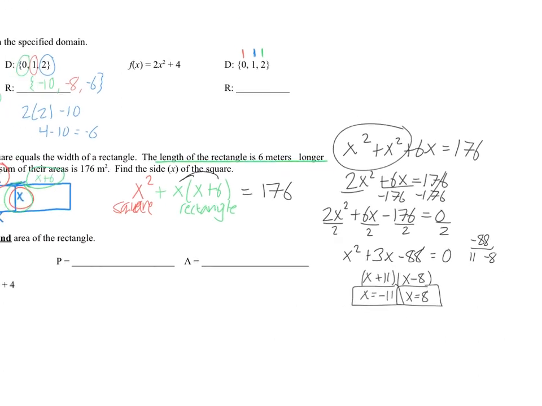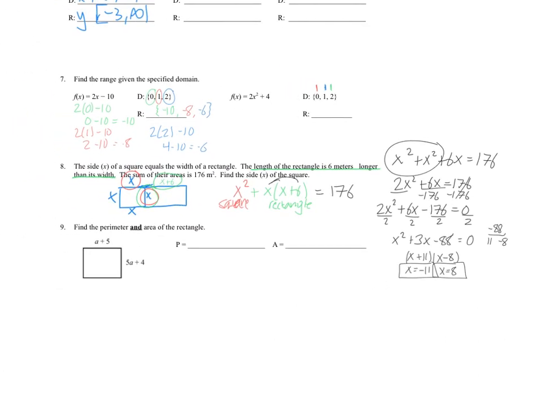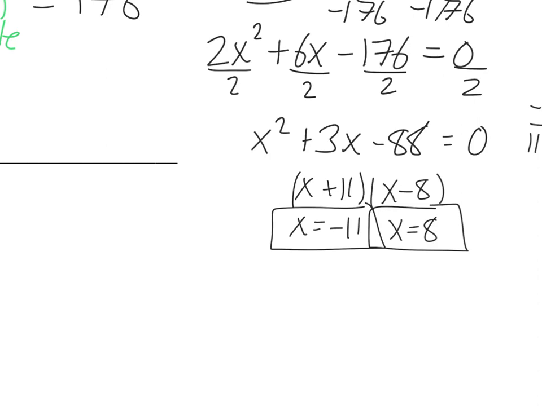Okay, now how does that translate to this area problem? Well, I want to know the side length of that square. Find the side x of the square. Can I have a negative side length? No, I can't. That makes no sense.